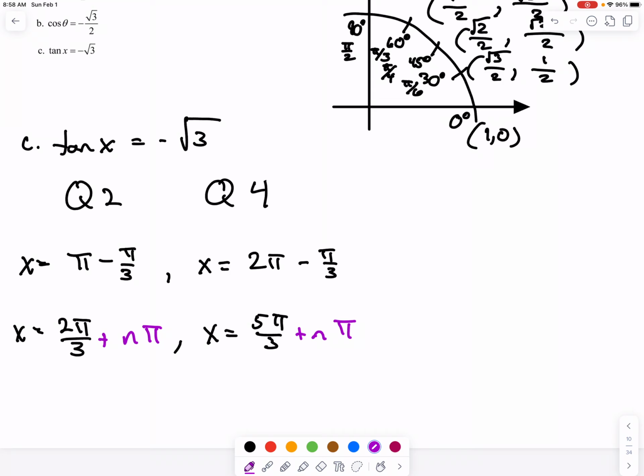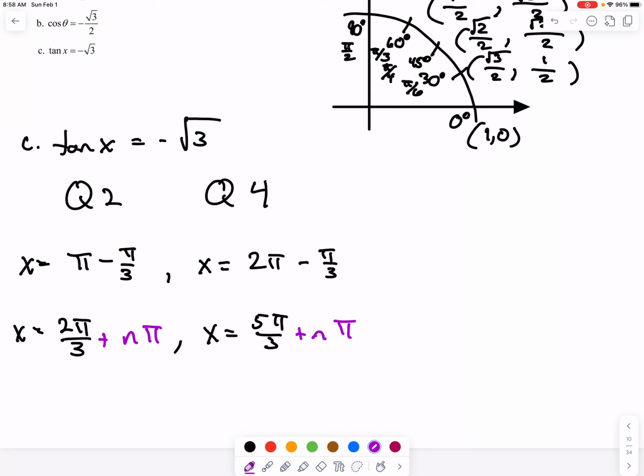So then we want to test a few values like integers, right? If n were 0, we're just trying to capture all the results from 0 to 2 pi. If n is 0, we get this result. If n is 1, we get 5 pi over 3, which we got from the other one. And I think honestly, it's just the first two that we have, so it didn't come into play here.